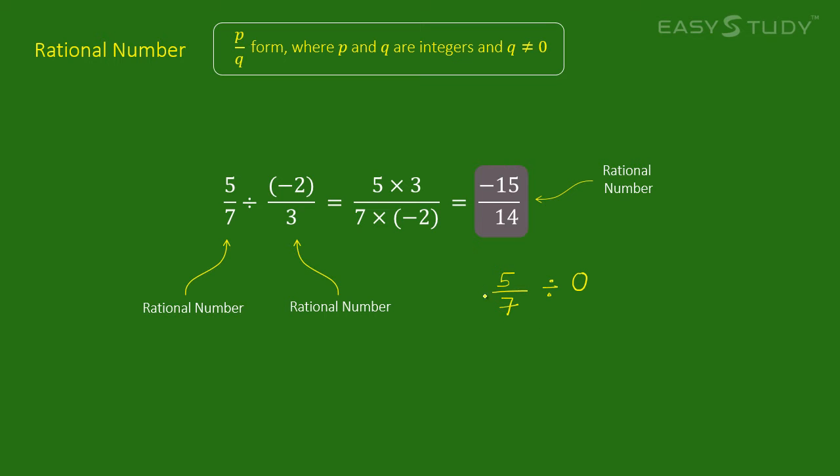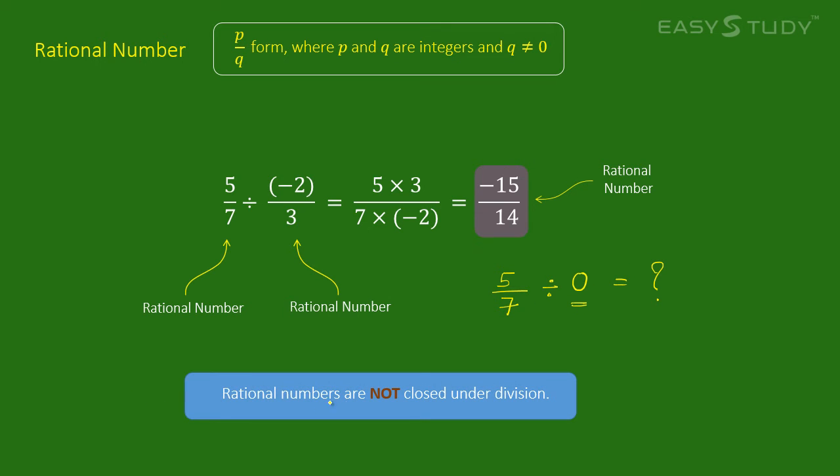As we know, division by 0 is not defined. Hence, division of two rational numbers does not always produce a rational number. Just because of this, rational numbers are not closed under division. If the divisor is other than 0, it always produces a rational number. But if the divisor is 0, it is not defined.